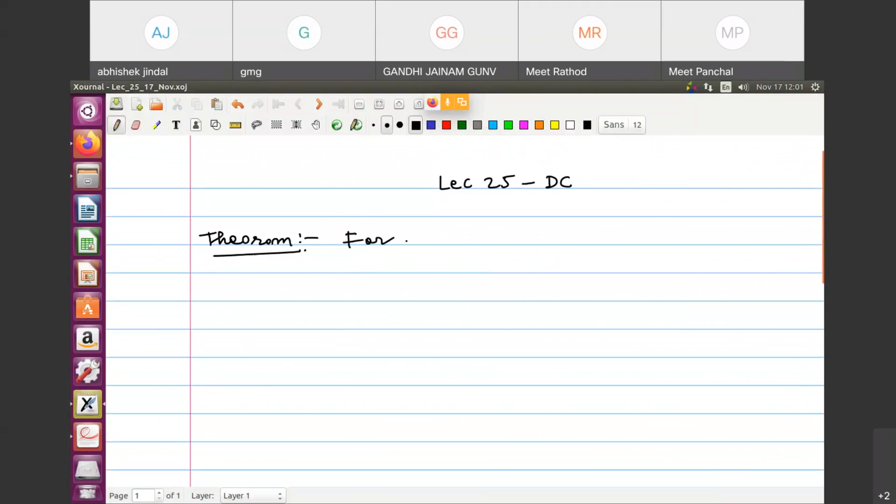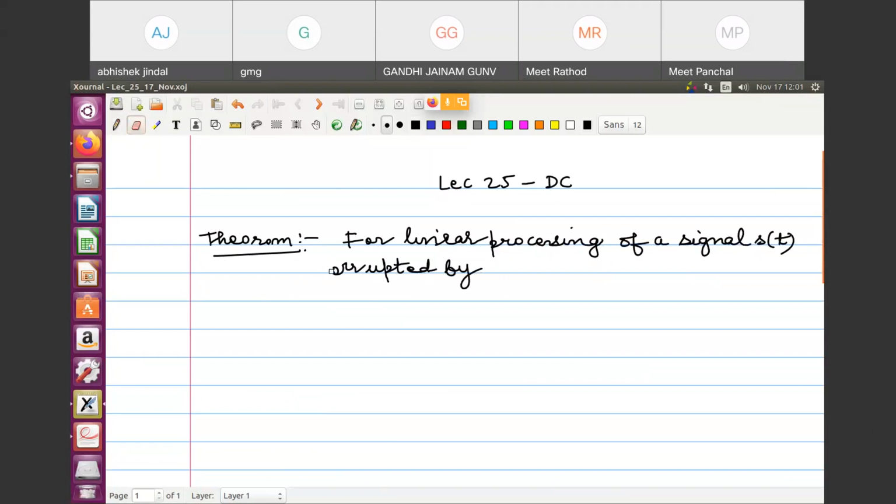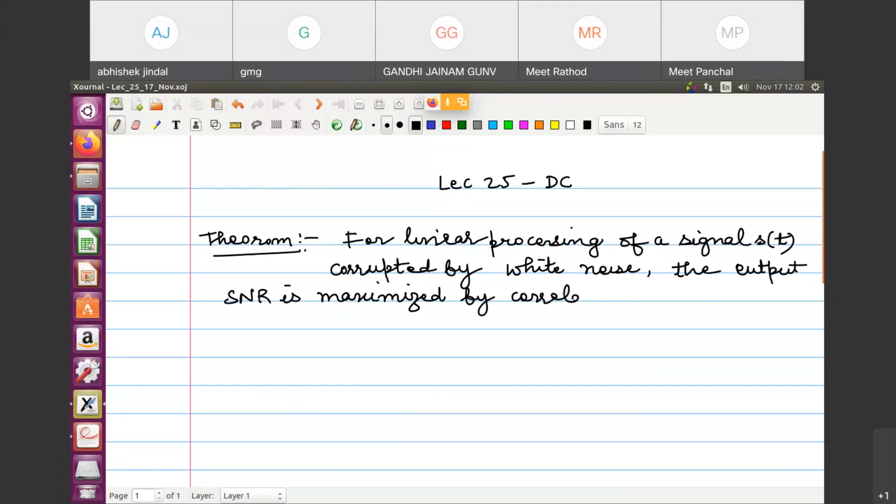So, for linear processing of a signal S(t) corrupted by white noise, the output SNR is maximized by correlating against S(t).